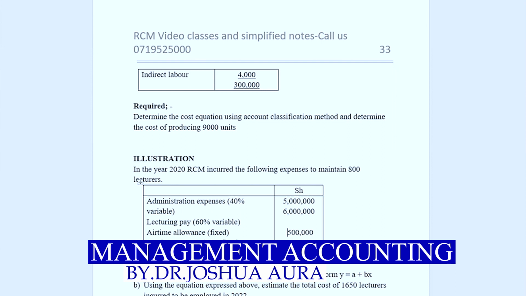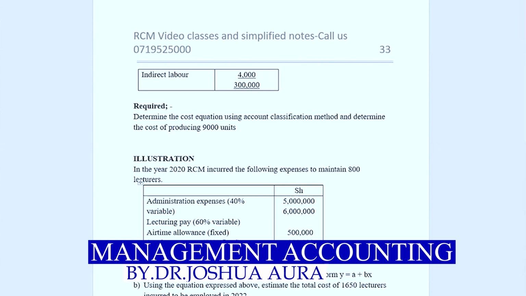And then we have sundry expenses. So sundry expenses, ladies and gentlemen, it's 50% that is fixed. So what are they giving us here as the figure? It is 300,000.